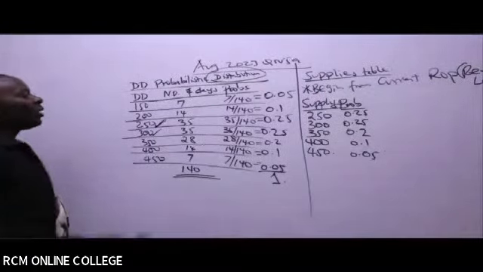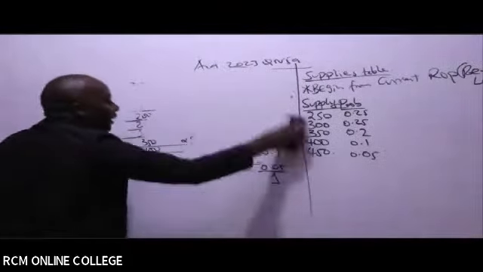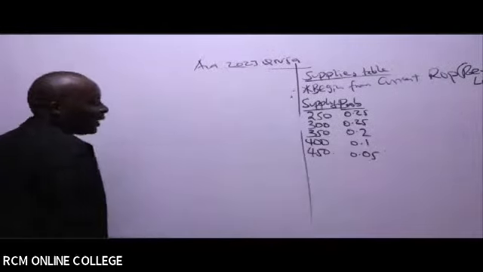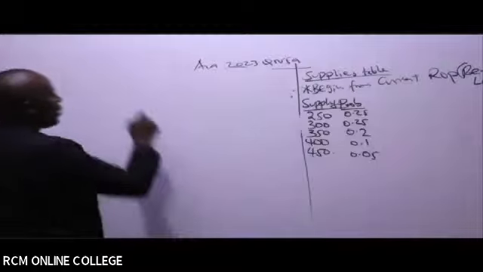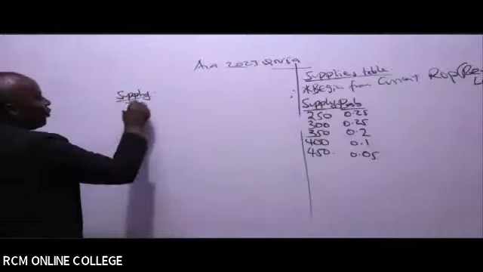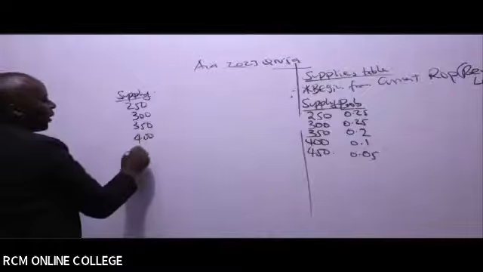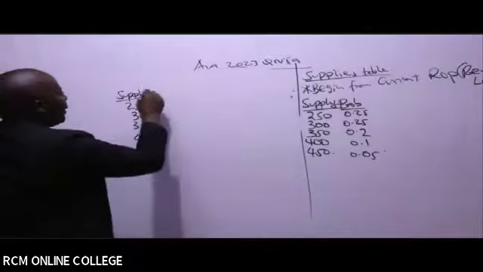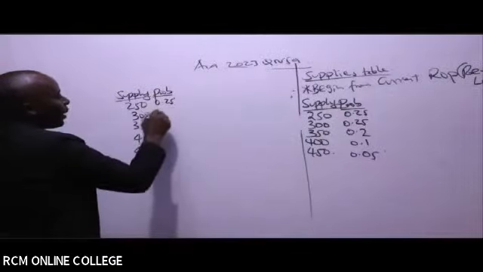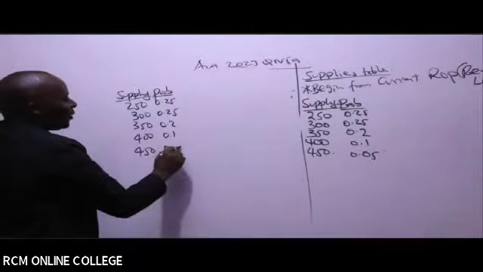All right, ladies and gentlemen, once we have this, I have to write this table because I need big space. So we have here the supplies table. Supply: 250, 300, 350, 400, 450. And then the probabilities are here: 0.25, 0.25, 0.2, 0.1, 0.05.